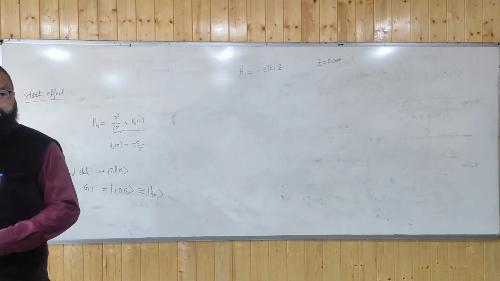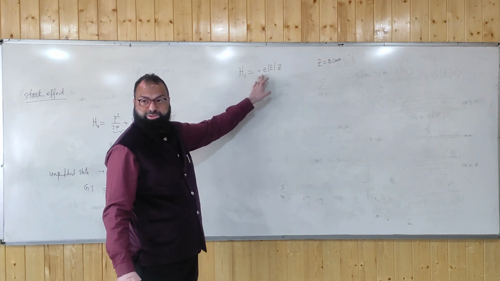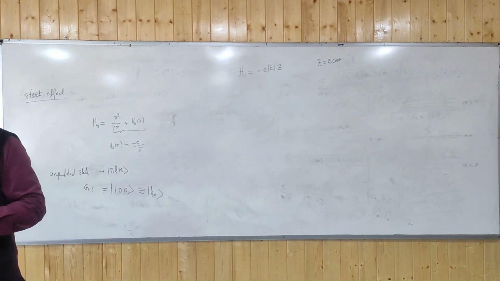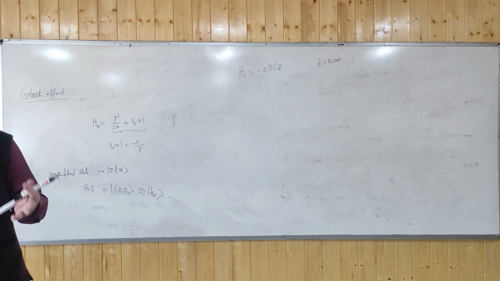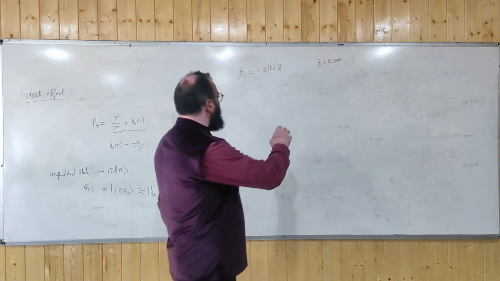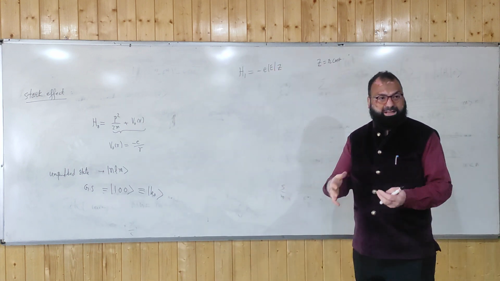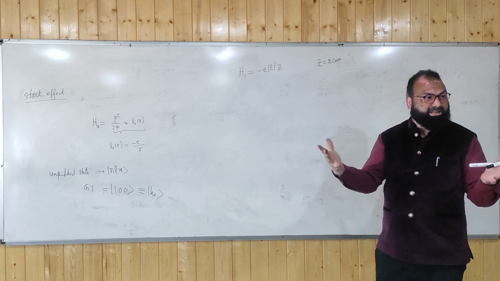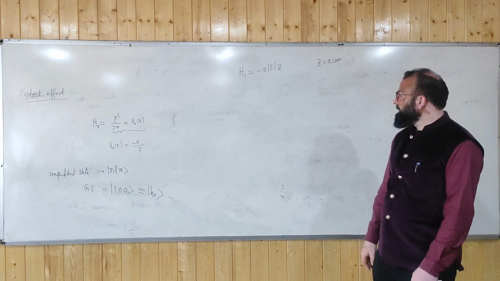Why? If z goes to minus infinity, this will become a very strong positive quantity. In that case, the bound states which are already there can become unbound. So we are not considering that kind of situation. We are considering only limited values of z, within the limits of that orbital. Within that very domain.